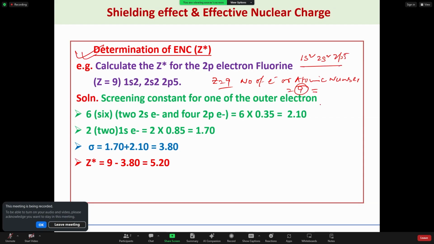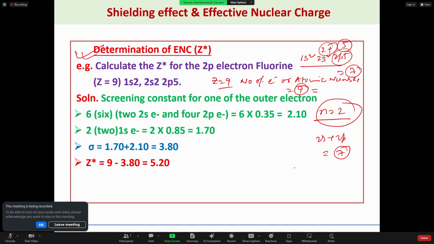Here the maximum quantum number n equals 2. So the 2s orbital has 2 electrons and the 2p orbital has 5 electrons. So the total number of electrons for 2s and 2p is 7.